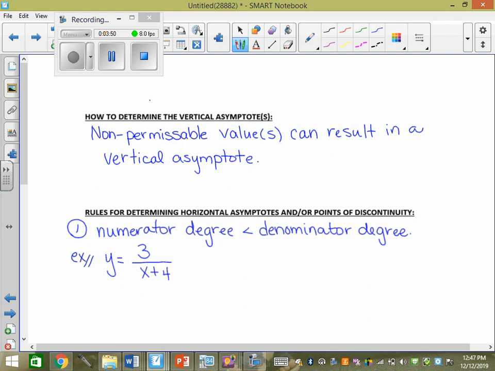Okay. Whenever the degree of the numerator is smaller than the denominator, you can put a 0 at the back, and it would be in the transformed form. So when the numerator actually is a smaller degree than the denominator, you always have a horizontal asymptote at y equals 0. And the reason why is because you can get it into this form and your d value at the back would be 0.